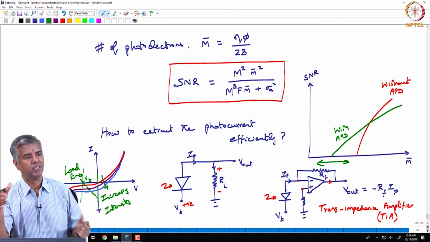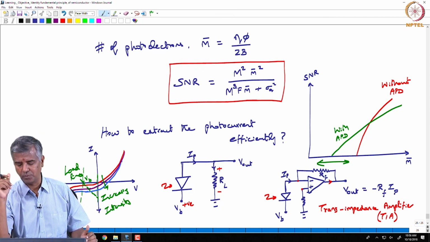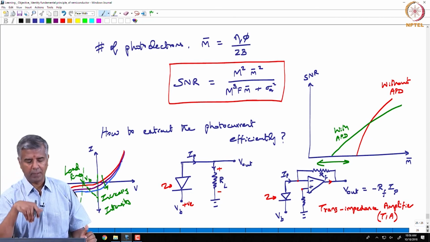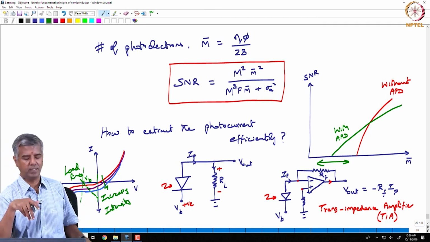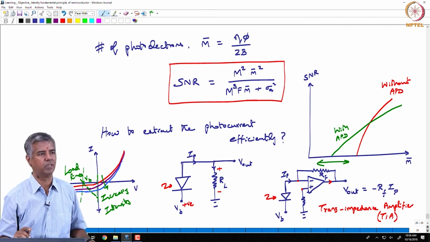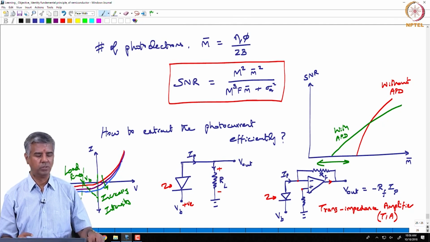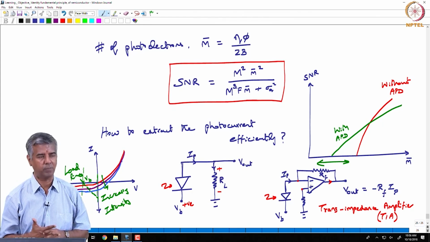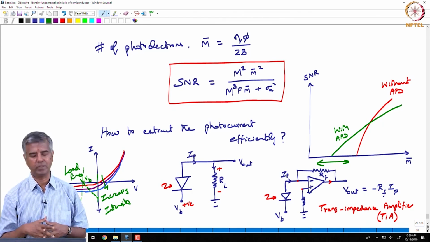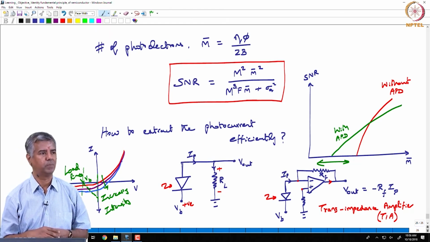So, beyond that bandwidth you cannot use that op-amp for this purpose. Whereas, in those sort of cases you can use what is called the direct loaded configuration, and so you would see that in high speed circuits where you want to have gigahertz type of bandwidth, you use a direct loaded configuration, whereas in relatively lower speed circuits you go for a transimpedance amplifier.